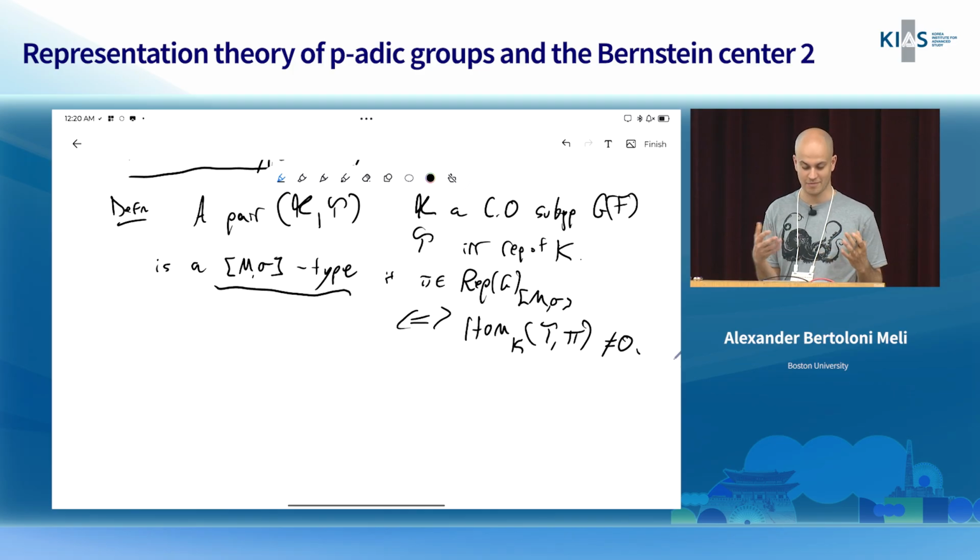So this seems like maybe a fanciful thing to hope for. But actually, in many, many cases, we have existence of these types. So let me say a tiny bit about that.